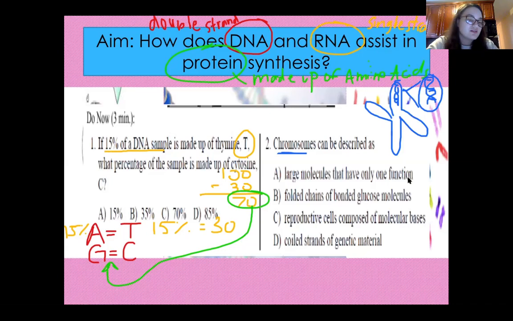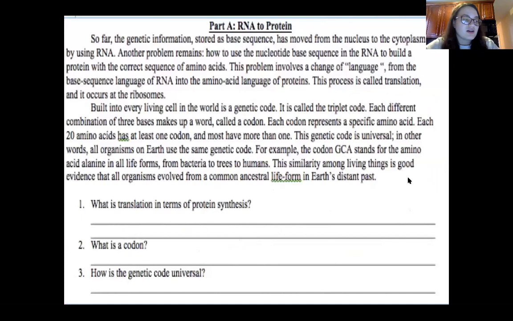And moving on. All right, I'm going to read through this passage, and then we are going to answer questions 1, 2, and 3. So part A, RNA to protein. So far, the genetic information stored as base sequence has moved from the nucleus to the cytoplasm by using RNA.